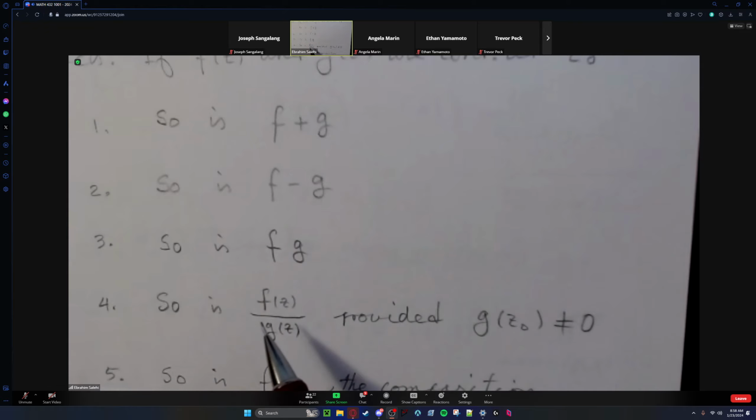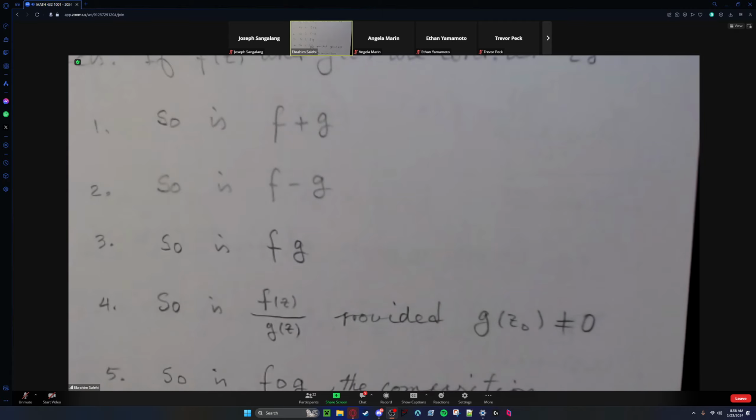And their f over g, their division. But when it comes to division, we have a condition. We don't want to have zero in the denominator, okay? So if you have two continuous functions and do arithmetic, the result is continuous, provided when you are dividing, the denominator is non-zero.